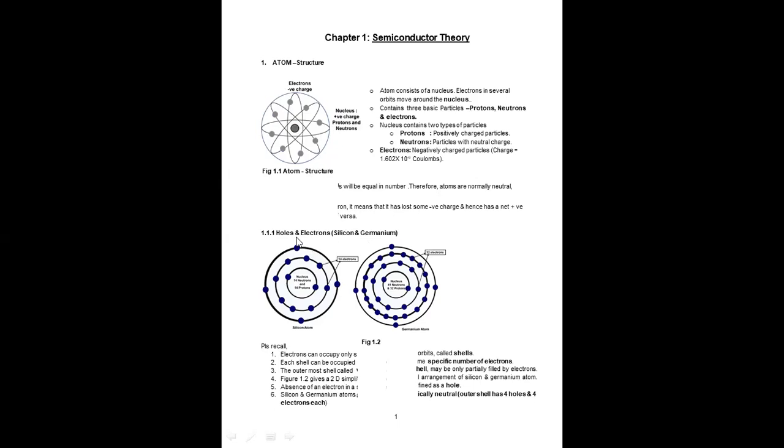Okay, so there is a hole and electron concept in semiconductors. For example, this is the silicon atom and this is the germanium atom. As you know, both of these belong to the fourth group, so that is why there are four electrons in the outer shell.